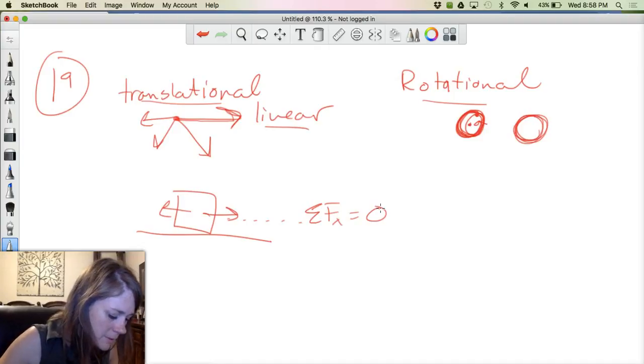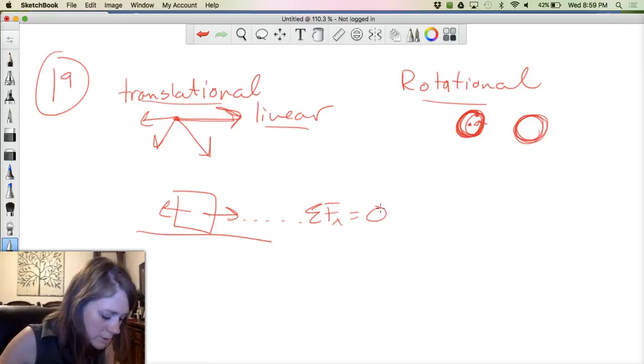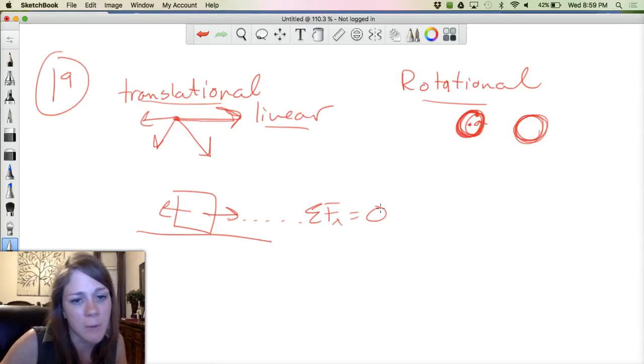They tell me that there are 3 forces acting on the object, so the vector sum of all of those forces must be equal to 0.